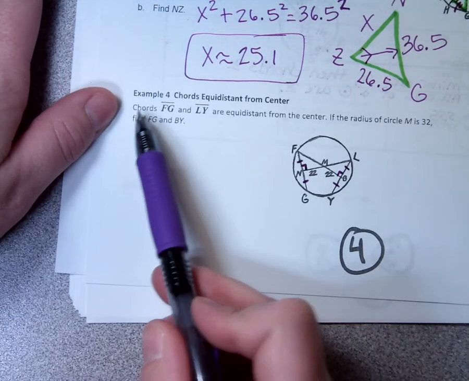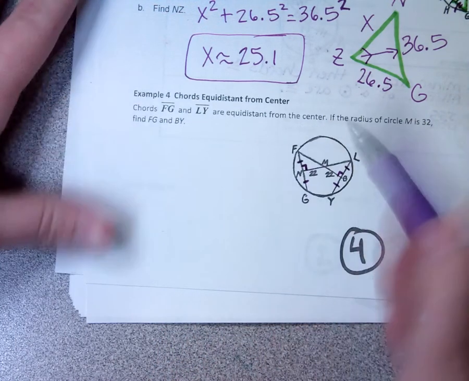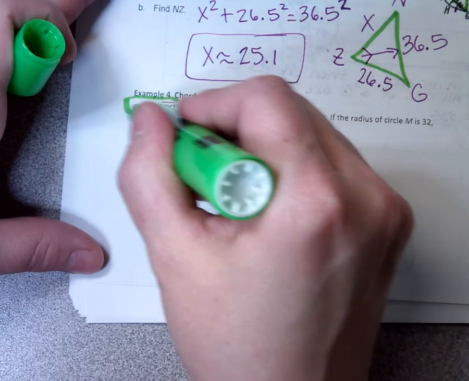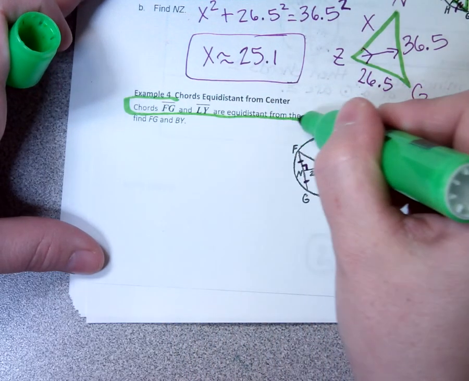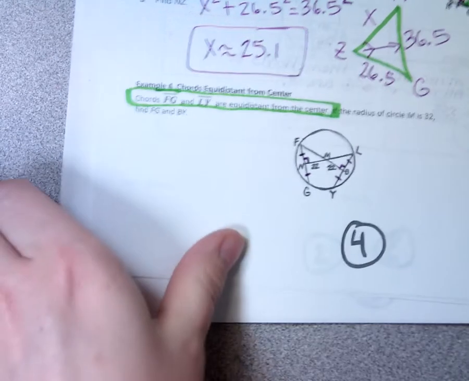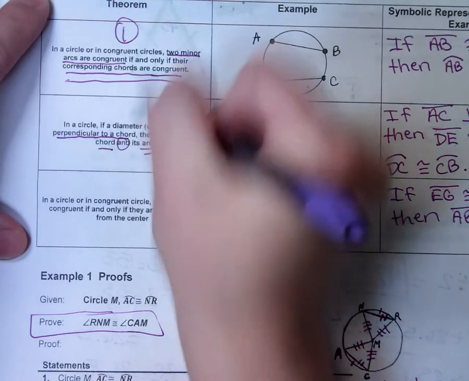Okay, looking at this, it says chords FG and LY are equidistant from the center. Okay, we learned something on the front page about that. See if you can find it. If two chords are equidistant from the center, where do you see it? Theorem 1, Theorem 2, Theorem 3.